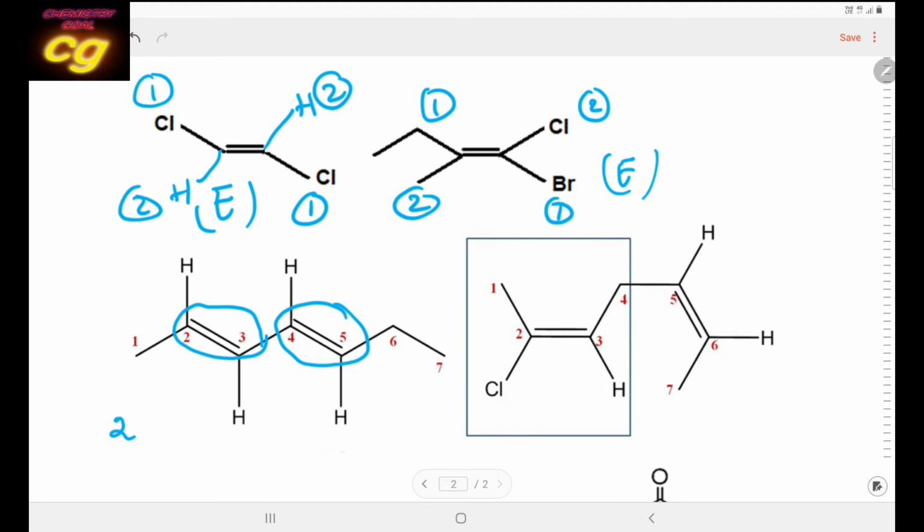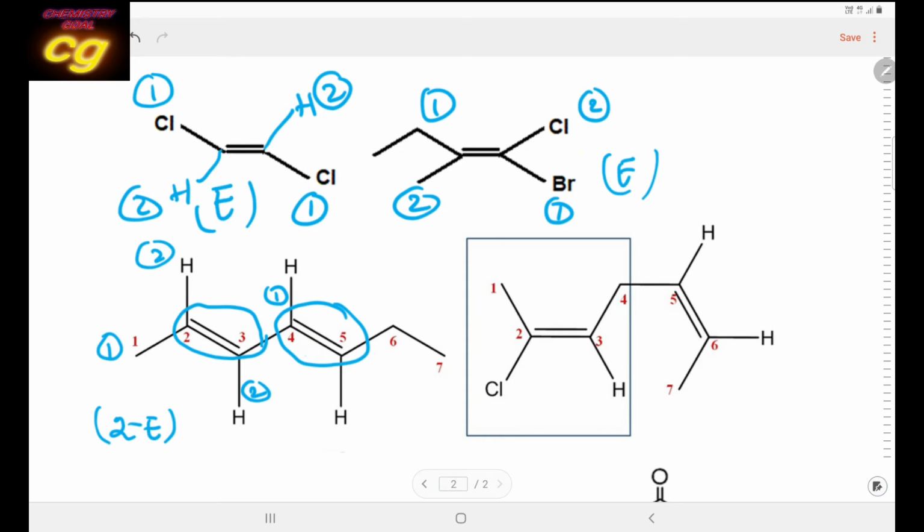If you see here carbon hydrogen, suppose it is 1 and this is 2, and here this is hydrogen, this is carbon, this will be 1 and this will be 2. Across these 2 3, that is carbon number C2, that is E, here 2 2 1 1 opposite, that is 2E. This is 2E position.